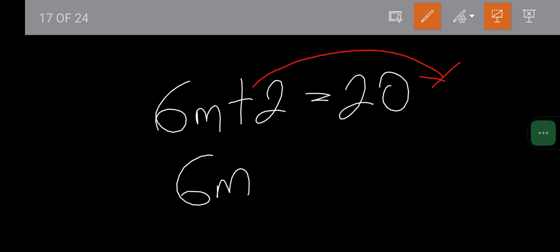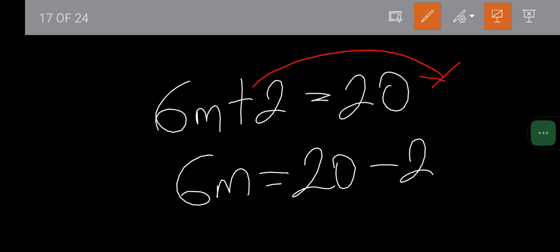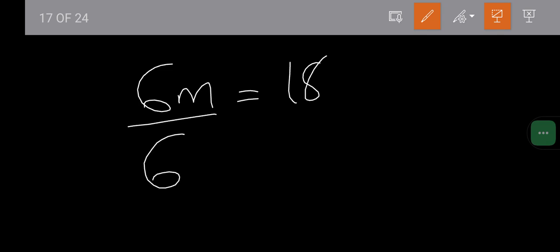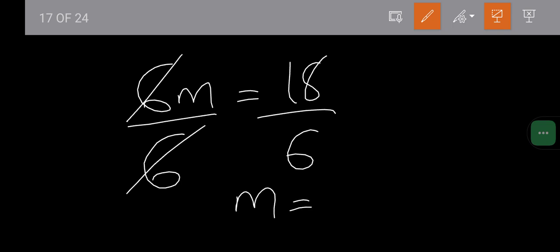We're going to have 6m equals 20 minus 2. 6m now equals 18. And so how do we make m stand on its own? The same thing. We divide both sides by 6. Our m equals 18 divided by 6, and that is equal to 3. You got that? Well done.